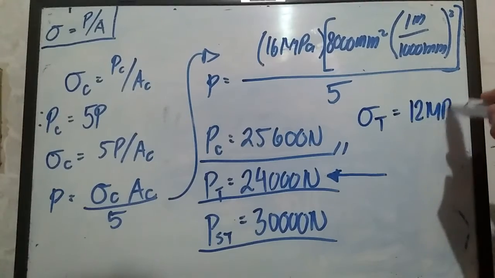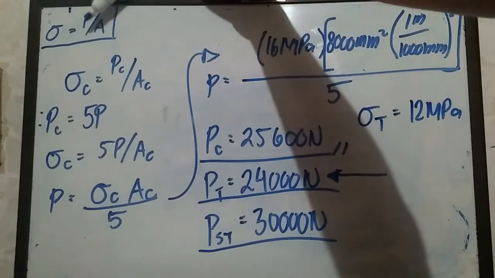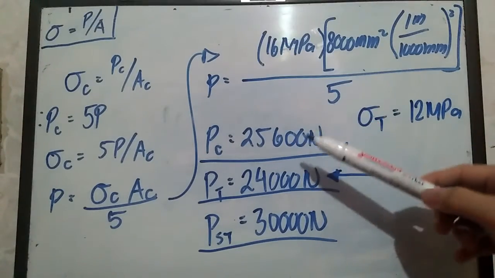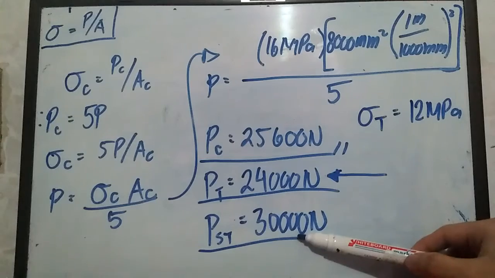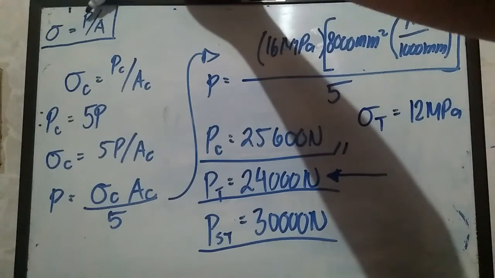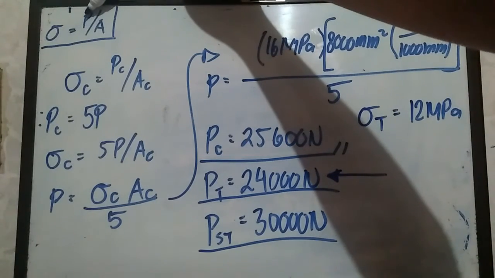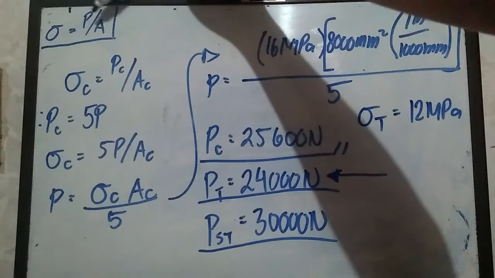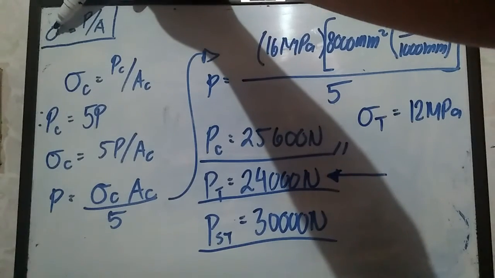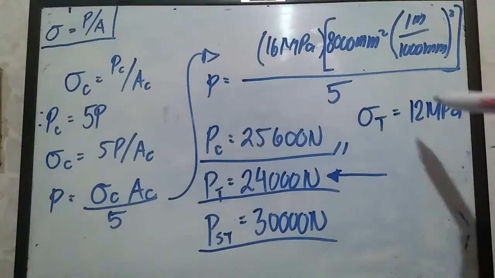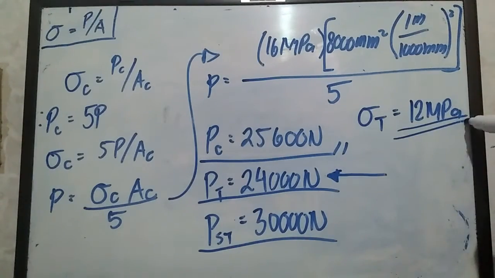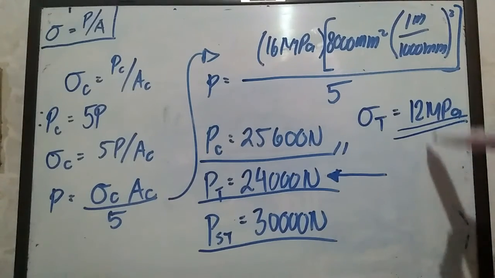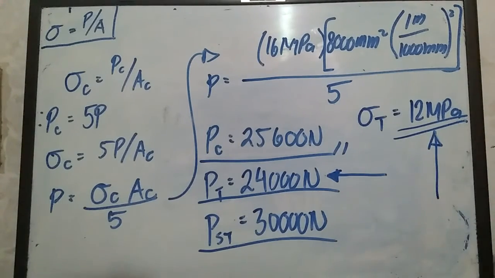Okay, don't forget about that. If we use this formula and input, for example, 30,000 newtons to this portion, changing the value for the sigma for the timber, it would exceed 12 megapascals. Because this is the allowable working stress for the timber.